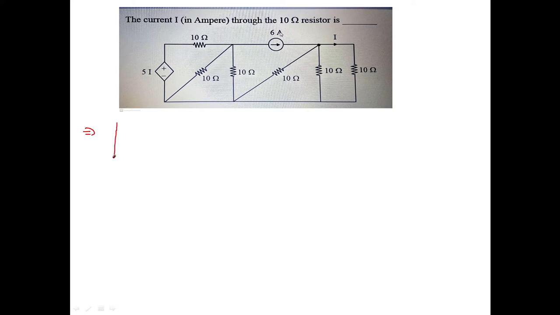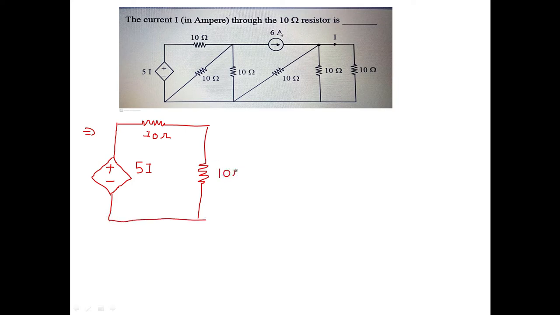The circuit consists of one dependent source, that is 5I, and then there is a 10 ohm resistor, and then there is another 10 ohm resistor. Another 10 ohm resistor is in parallel with this 10 ohm resistor.